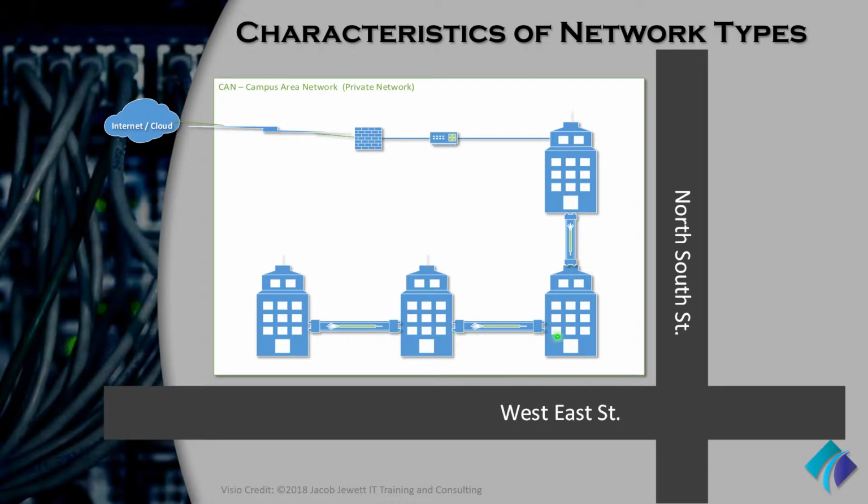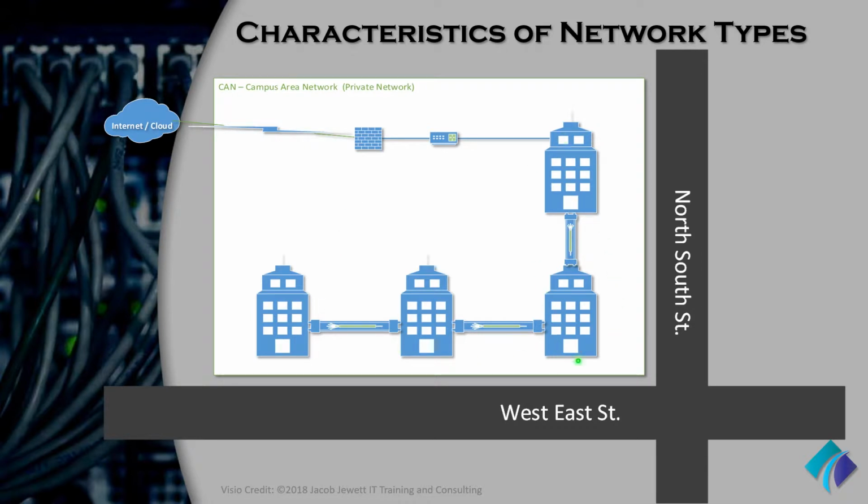Okay, that would be something like an underground conduit kind of setup. They could also be connected via wireless from building to building, point to point. That would probably be the worst idea because wireless is not exactly that fast unless you're going with something like 802.11ac, and then that's got limitations on it. So fiber is usually a lot faster and much more reliable, especially if you're working with a big campus.